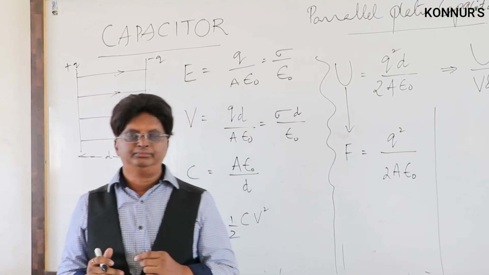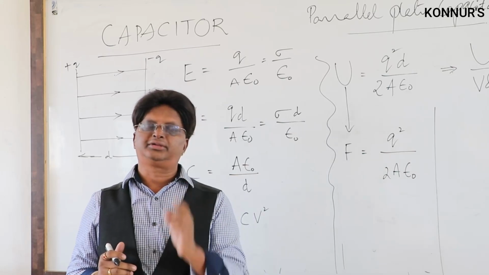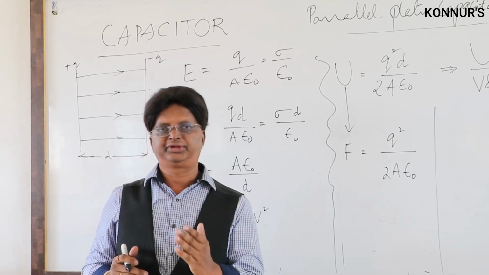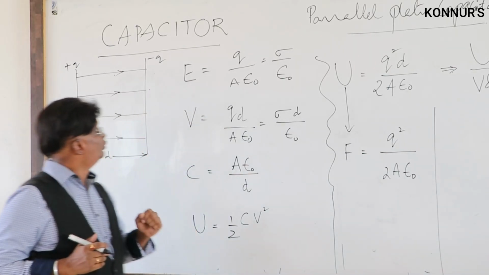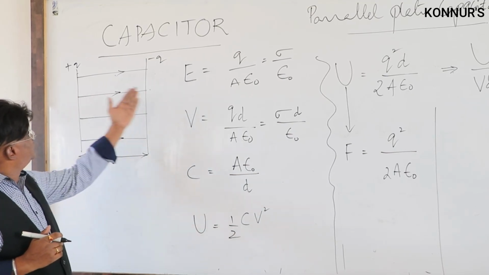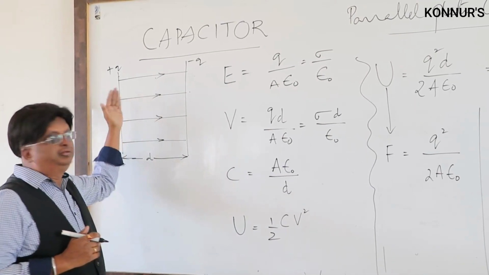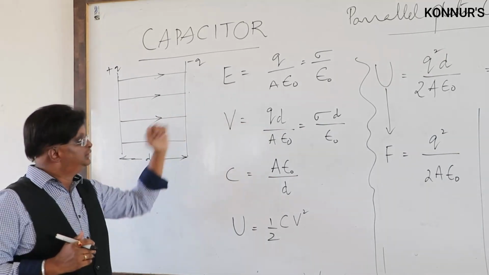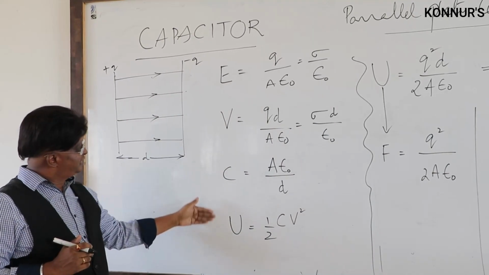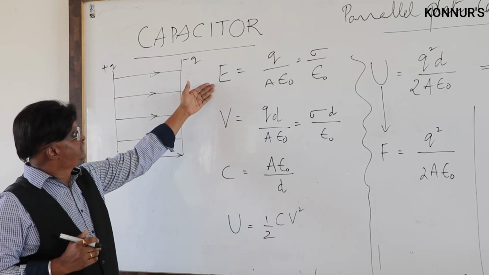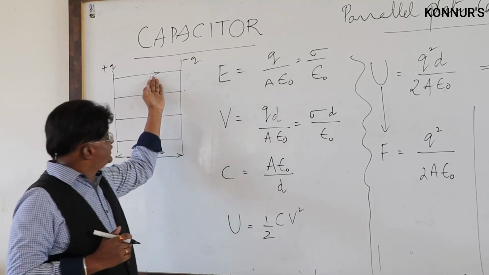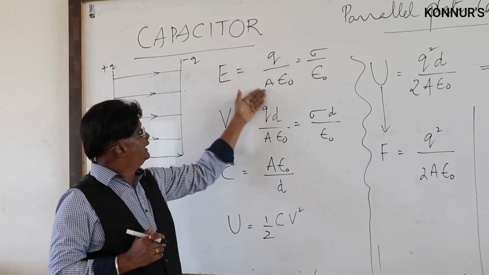Now I'd like to show you all the important results for a parallel plate capacitor, just listed out. Watch it. Positive plate, negative plate, and an electric field from positive plate to negative plate. Now look at all the important expressions. The intensity between the plates is Q by A epsilon naught.